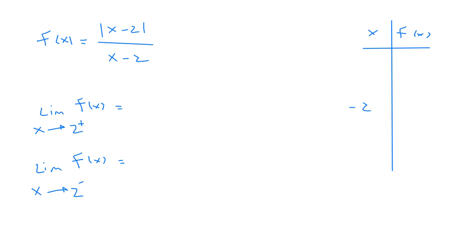So first of all, isn't it true that this function f of x is undefined at 2? Sorry, I put -2. This function f of x is undefined at 2. That's right. Because if I plug 2 in for x, I'll get 0 over 0, and that is undefined. So I'm going to write that down, that this is undefined at 2.